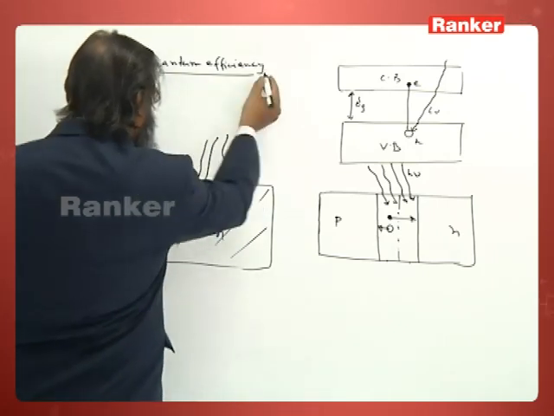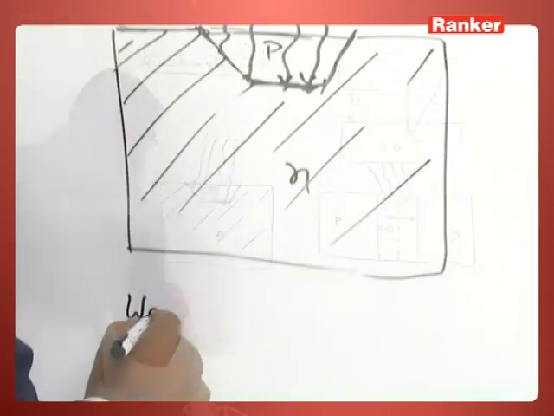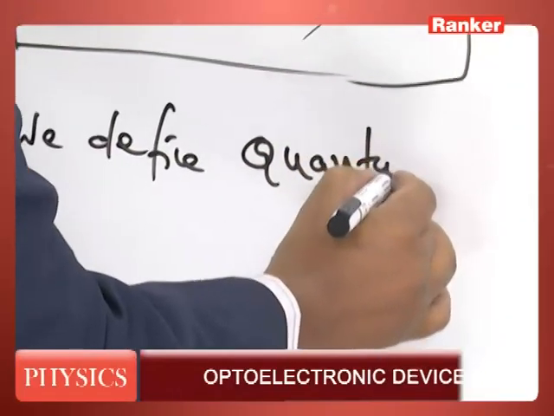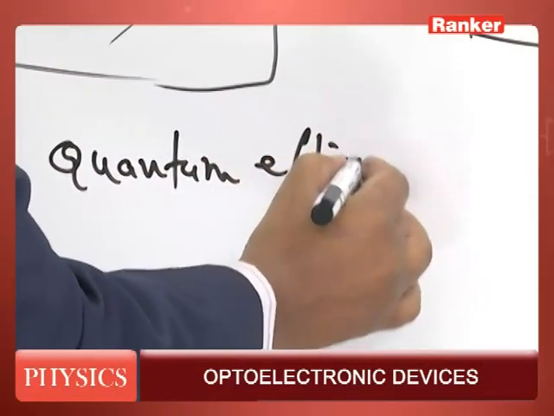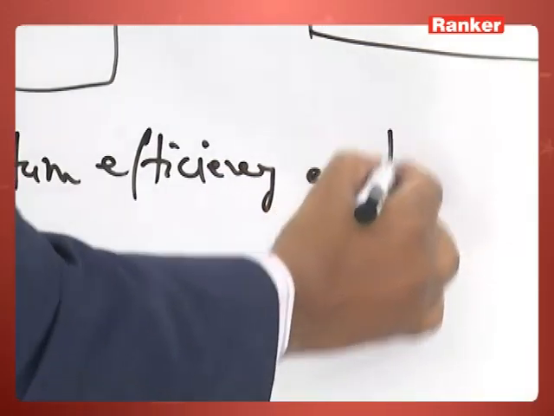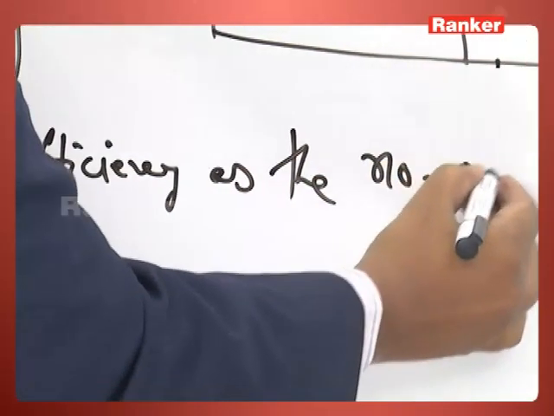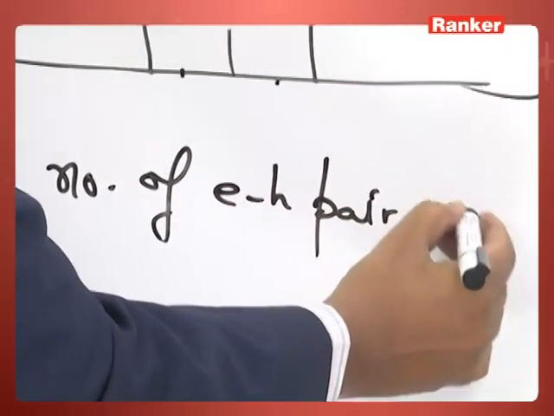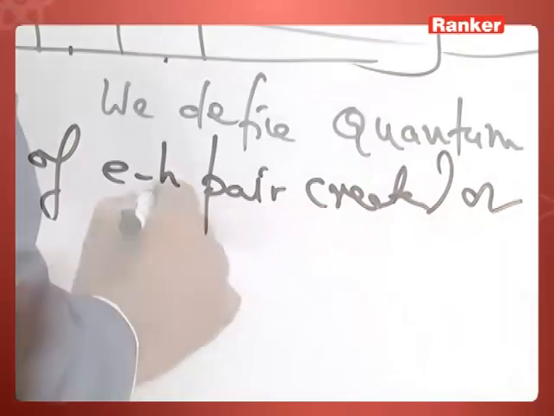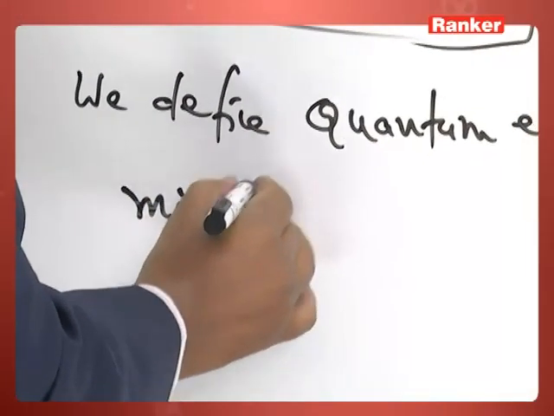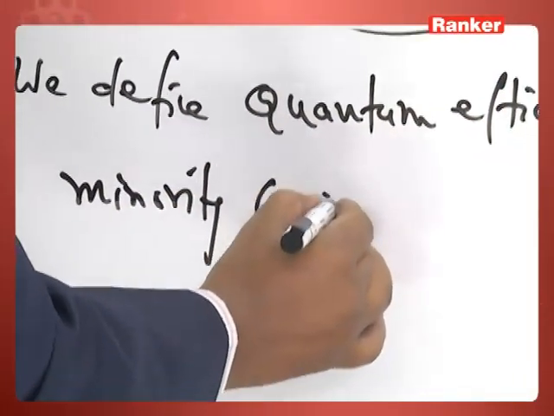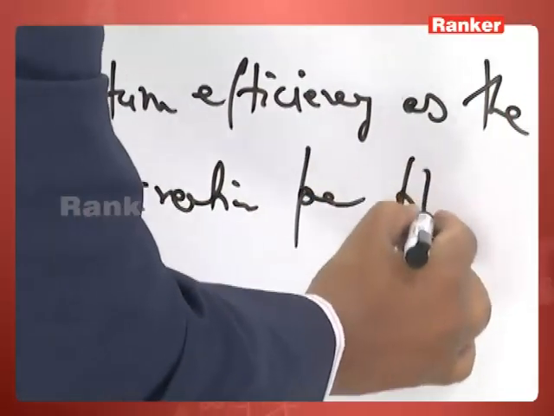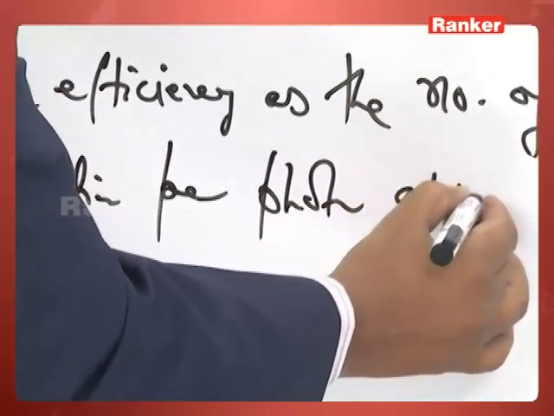First let us see what quantum efficiency is. We define quantum efficiency as the number of electron hole pairs created, or minority carrier creation, per photon absorbed.